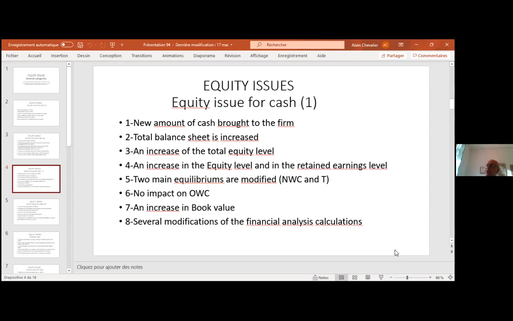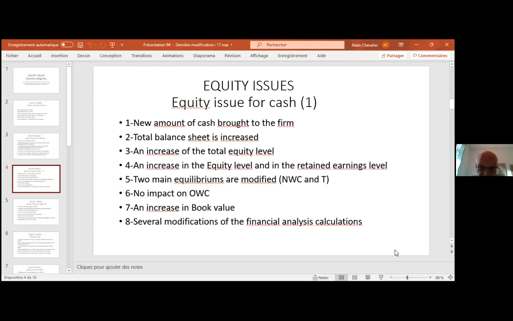And this is a point I didn't deal with, which is point 4 here, and which is quite important to understand, and we see that also in the calculation in a few minutes. When you make an equity issue for cash, in most of the cases, the price of a share is higher.